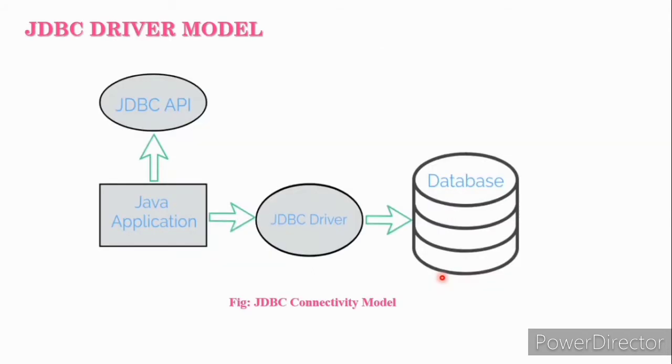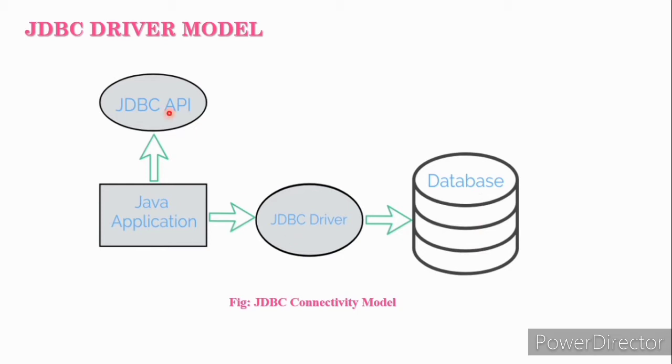Next we will see the JDBC driver model. Okay, the figure you are seeing now is the JDBC connectivity model, which means by using the JDBC API the Java application can connect with the databases with the help of the JDBC driver.